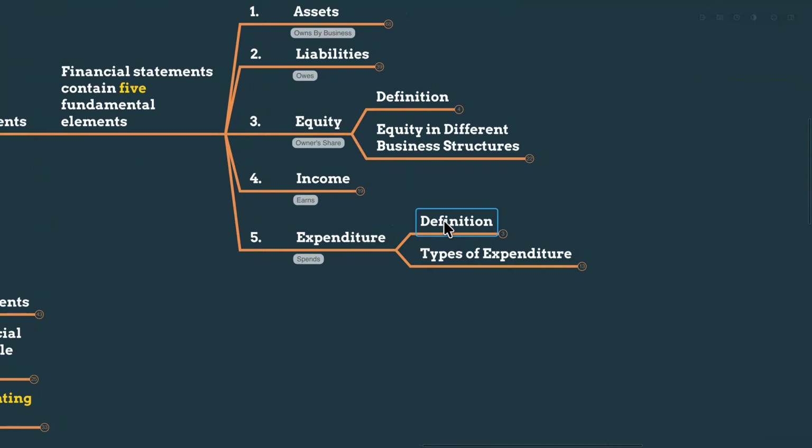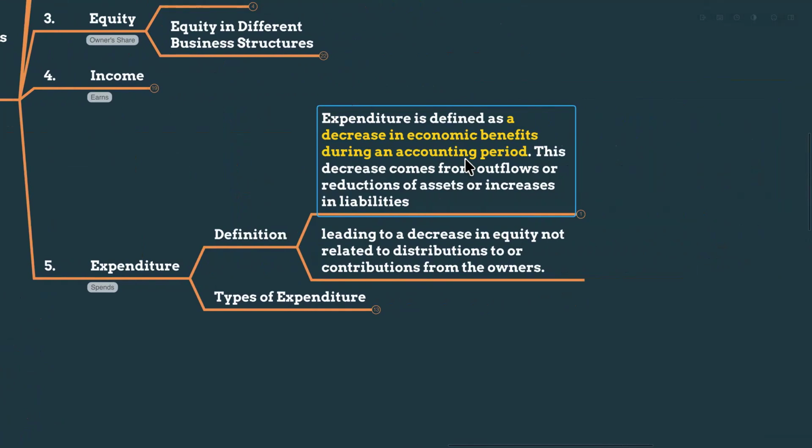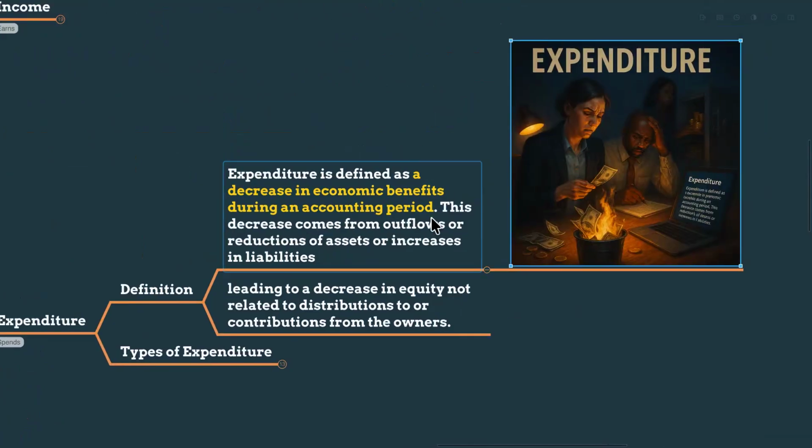You will buy some goods, you will pay salaries, you will pay your electricity. That is called expenditure. The official definition: expenditure is defined as a decrease in economic benefits during an accounting period. This decrease comes from outflows or reduction of assets. It is the opposite of the income definition.